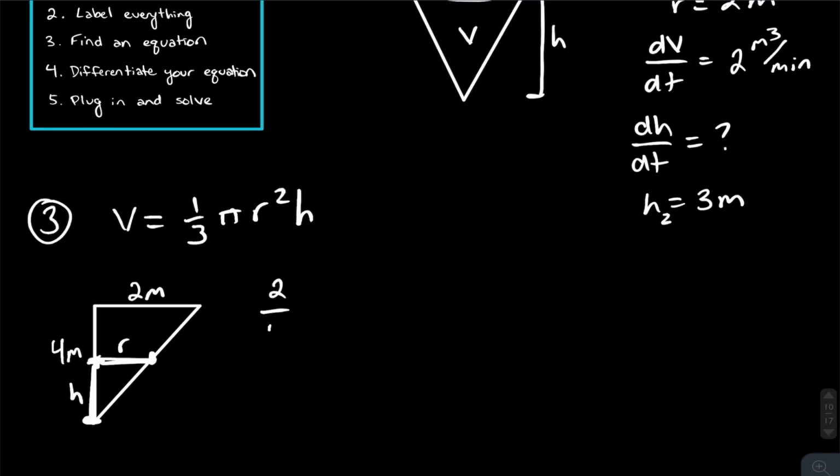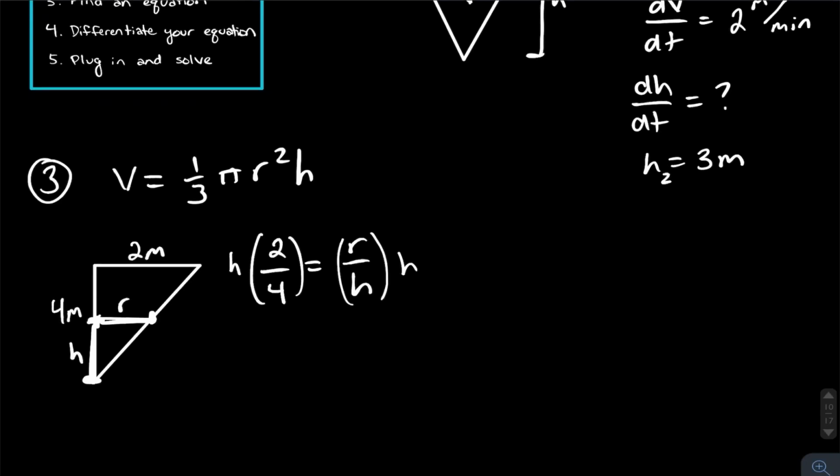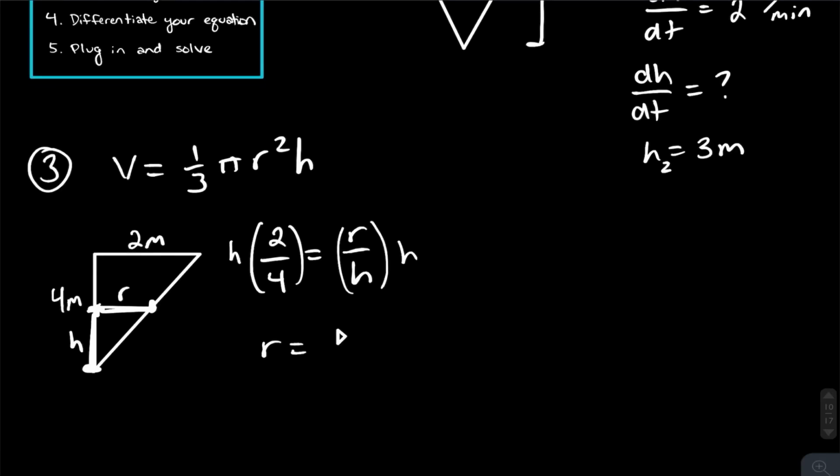We know that 2 over 4 needs to equal r over h. It needs to be the same exact idea. Remember, we want r in terms of h, so we can plug in h and have only h's on this side. We're solving for r here, so we multiply by h on both sides. And since 2 over 4 is just 1/2, we get that r is h over 2.